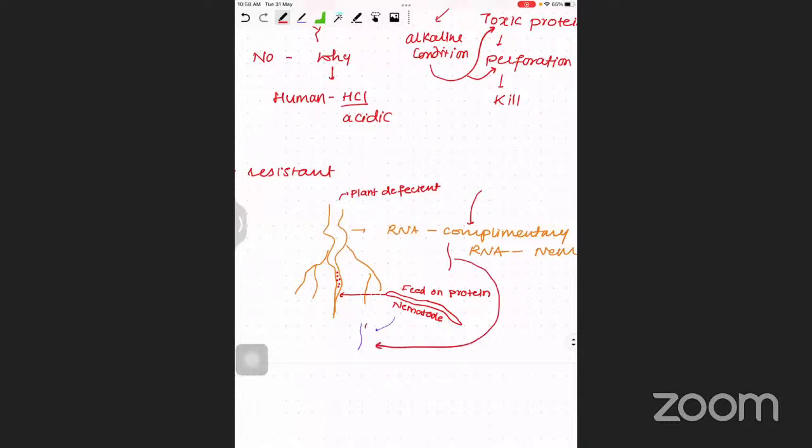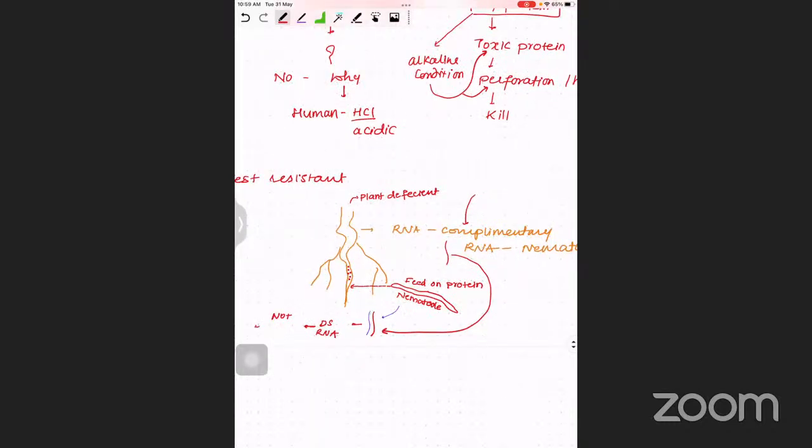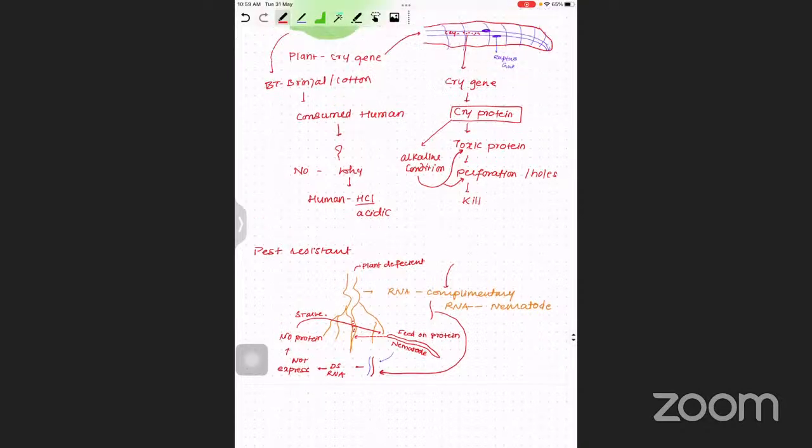So now this will act as double-stranded RNA, and double-stranded RNA will not express. If it is not expressing, there is no protein. If it is not producing protein, the nematode will starve. So that is what RNA interference is all about. We call it a pest-resistant variety. Because tobacco is an important cash crop, generally we develop these varieties in order to avoid nematodal infection or reduction of yield.